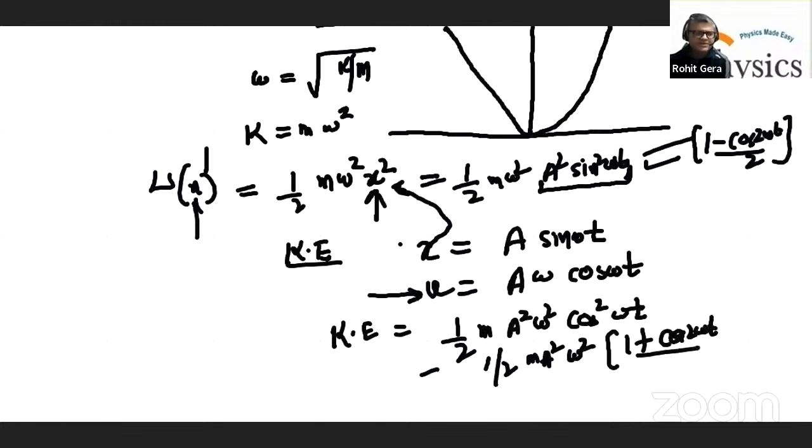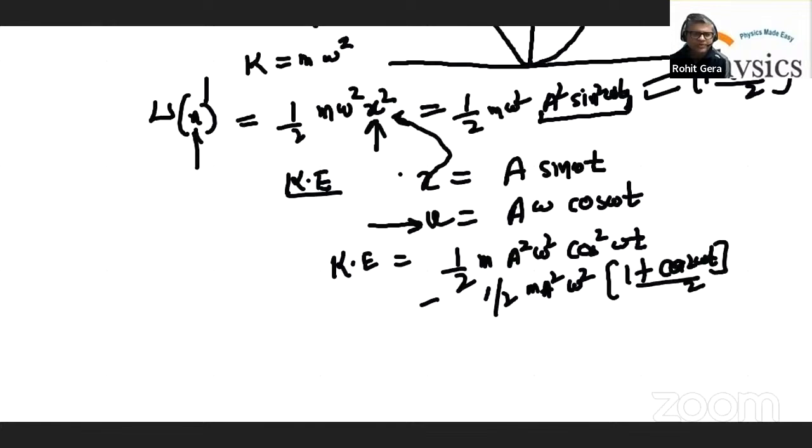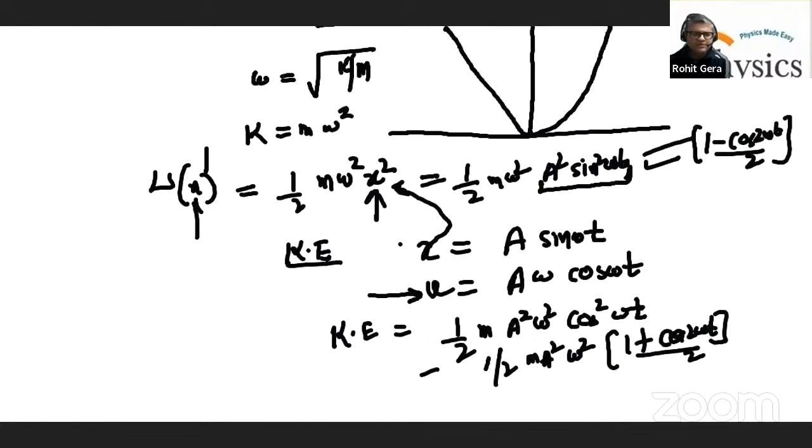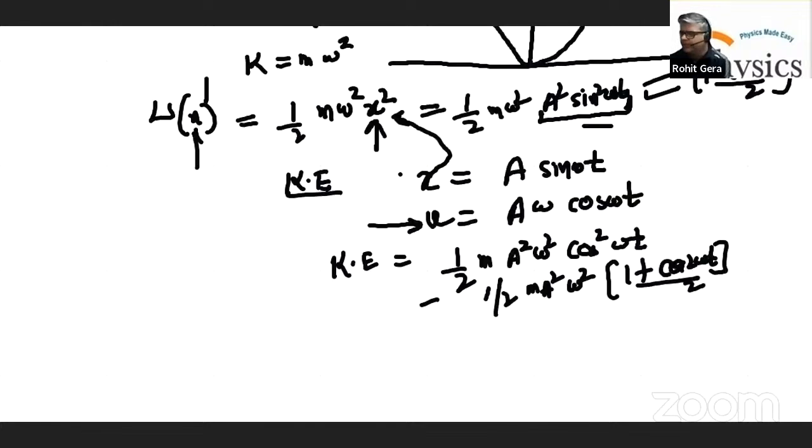And we can see something very similar in the expression of potential energy, which is 1 minus cos 2 omega t. ये वाला, इसमें 1 plus cos 2 omega t आ रहा है.